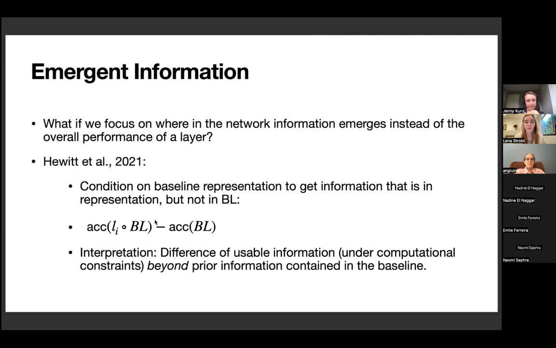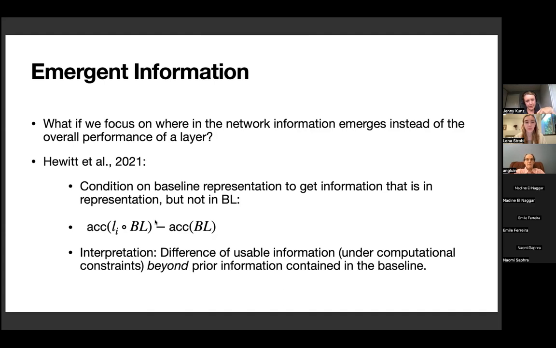And we built on work by Hewitt et al., who introduced conditional probing. The metric is conditioned on the baseline representation in order to explicitly get the information that's in the representation, but not already in the baseline.